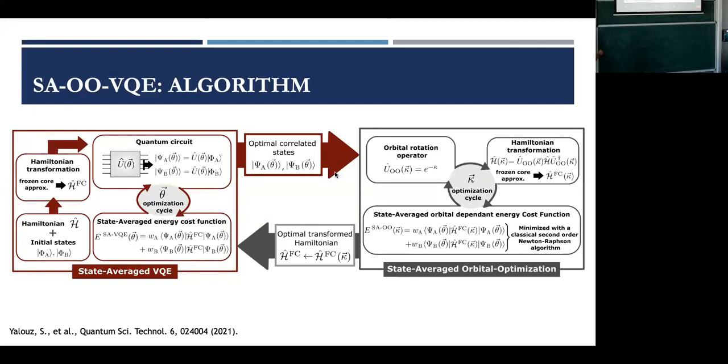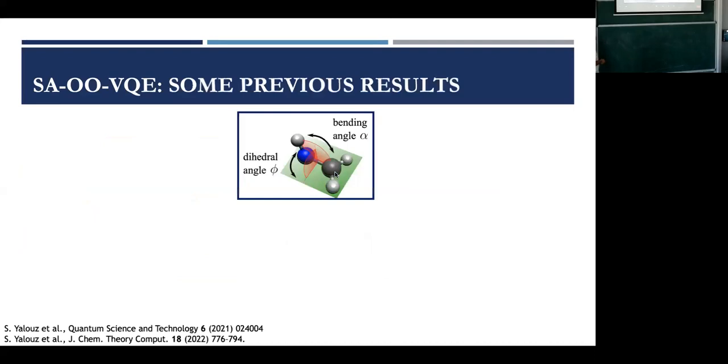And this part is just the VQE, but instead of getting and minimizing one energy, we minimize the average energy of multiple states. So that's the idea of this algorithm. This is one classical quantum loop, and this is another loop. Actually, there are two loops.